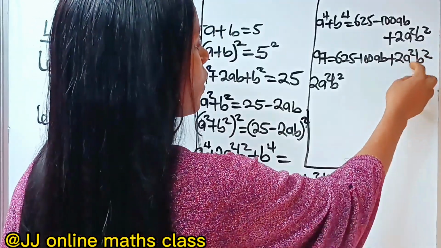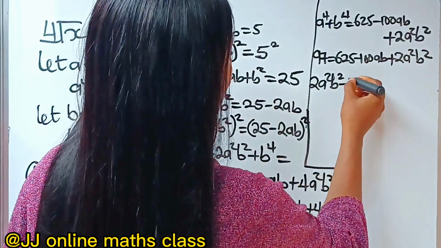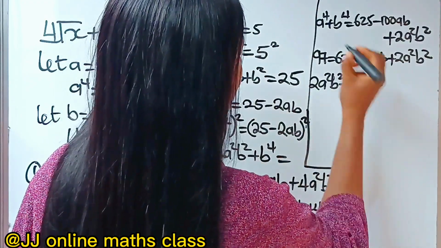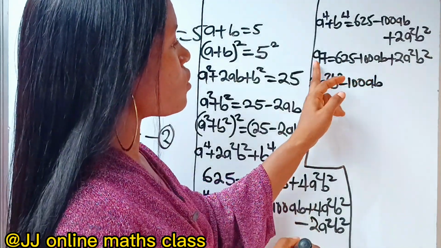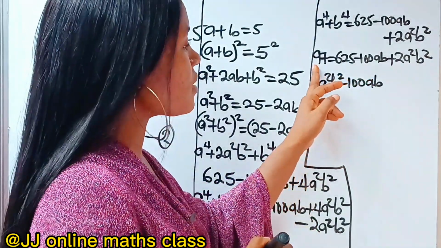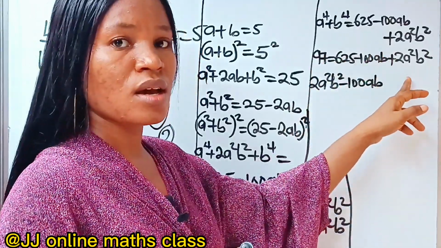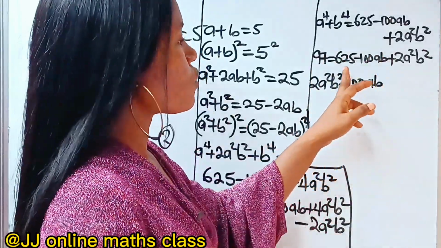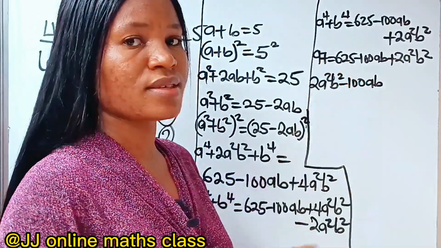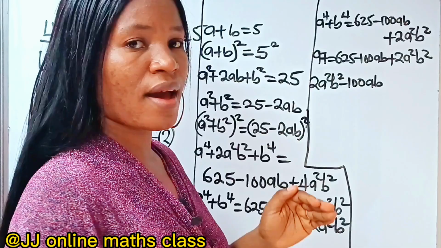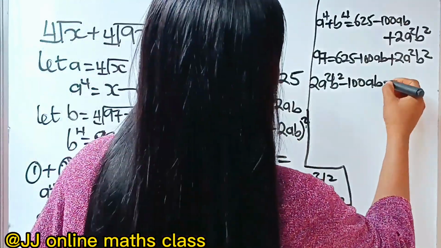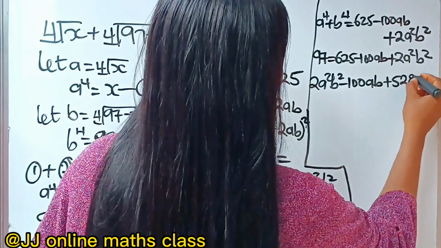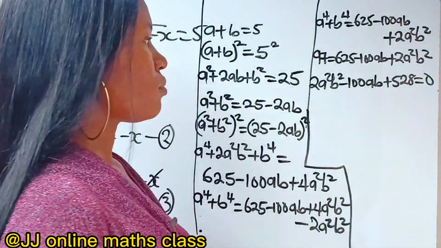So we have 2a squared b squared minus 100ab. Now this 625 we subtract 97, right? Because if 97 should be taken to this side, it becomes minus 97. So 625 minus 97 will give us 528. So we have plus 528 is equal to 0.